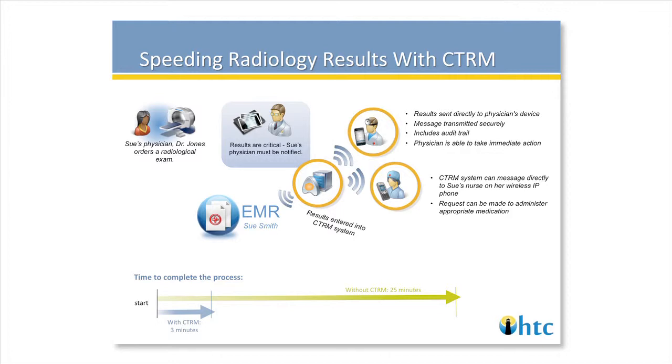That physician could then acknowledge that they received the results, ask any questions that they may have, and the whole process can be much more automated. The radiologist would then know that the results have been received, and that whole process can be saved in the electronic health record. So a process that was something like 25 minutes can be shortened to something more like 3 minutes. So that productivity is important to the radiologist.